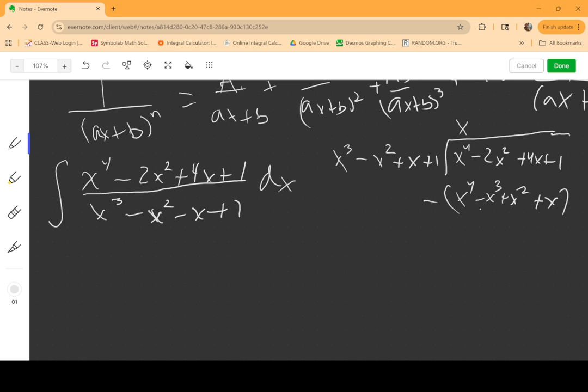All right, and then subtracting here, this first one goes to 0, then we get plus x cubed. There's no x cubed there, so we get x cubed, and then minus x squared, and there's a 2 here.